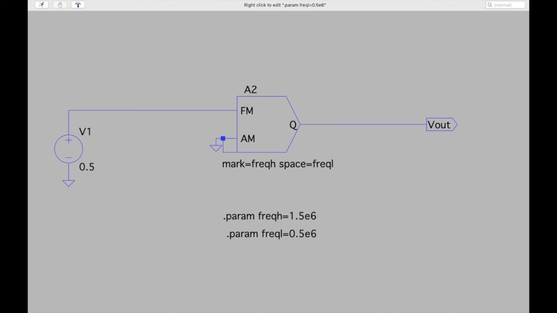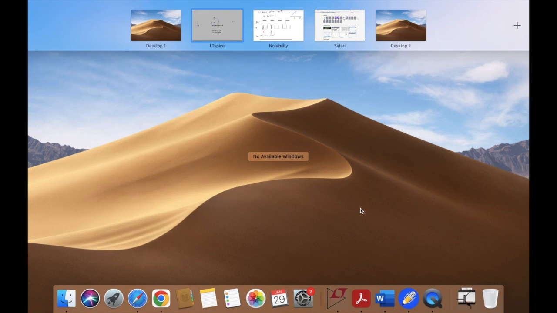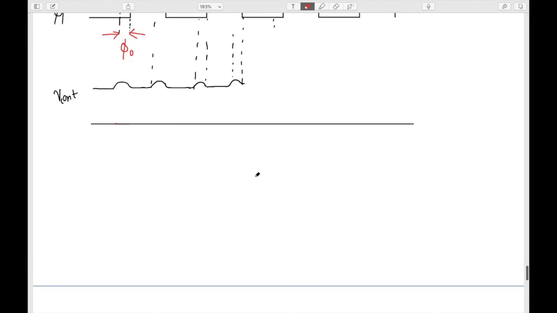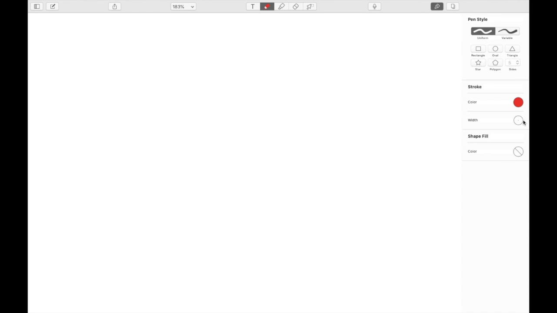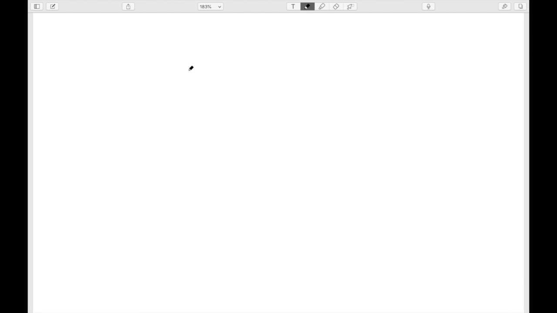High means it's generating a frequency of 1.5 megahertz, e power 6 is megahertz, and low is 0.5 megahertz. These two are defined by these two points.